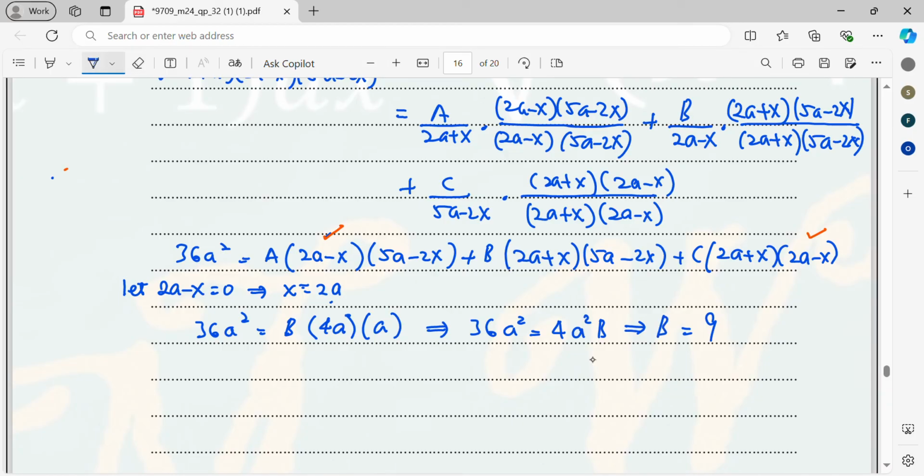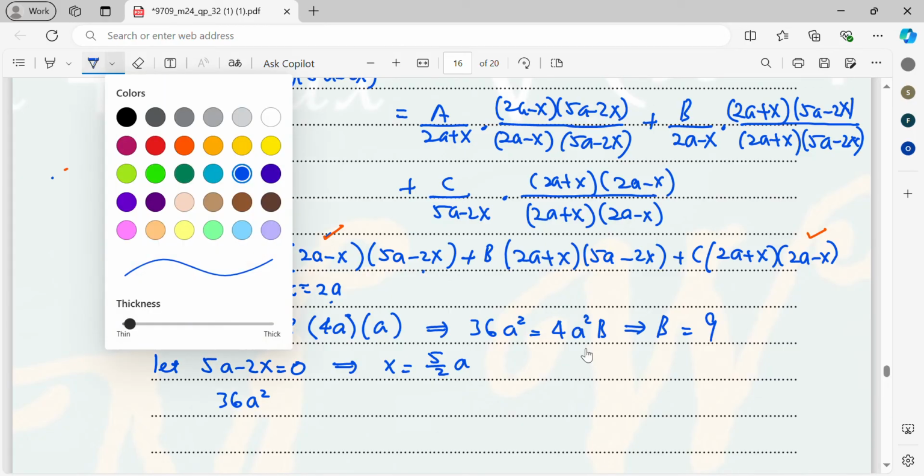Now, next is let 5a minus 2x be 0. Okay, that means my x is going to be 5 over 2a. So now 36a squared.